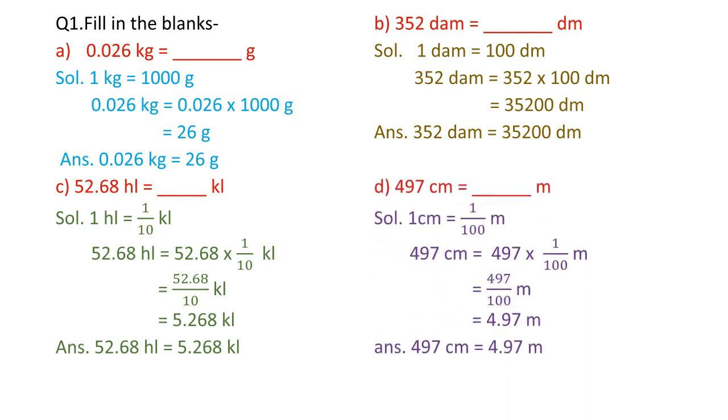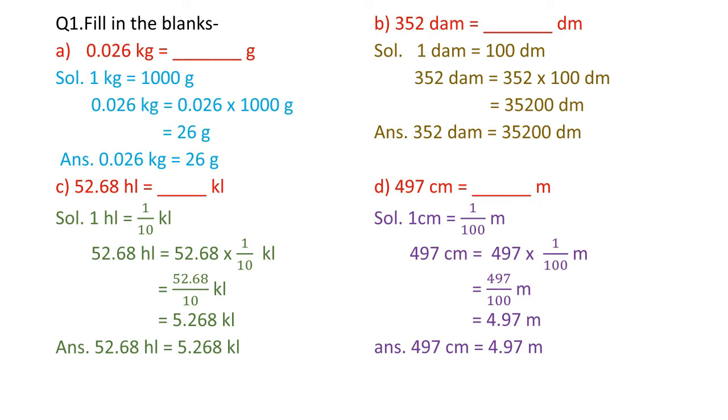Let us take another example. 497 centimeter equals dash meter. Now again converting centimeter into meter. Centimeter is a smaller unit and meter is a bigger unit. So again we need to divide. And the relation between them is 1 centimeter equals 1 by 100 meter. Therefore converting 497 centimeter, we need to divide it by 100.